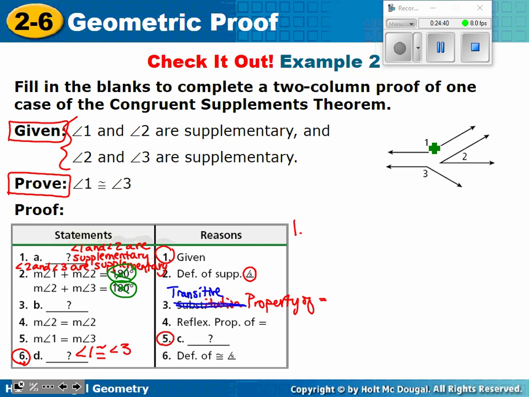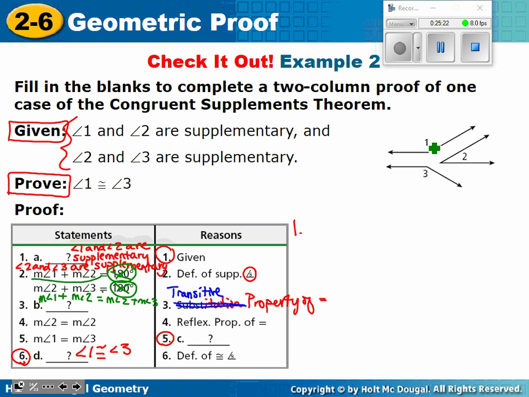So this is like your B that they have in common. So get rid of it. Don't mark it out on your proof when you're doing them for homework because you're not supposed to show work on your proof. But think, that's the same, that goes away. So this is like your A equals B, B equals C. So now you're going to say A equals C. So we should say measure angle 1 equals measure angle 2 plus measure angle 3.